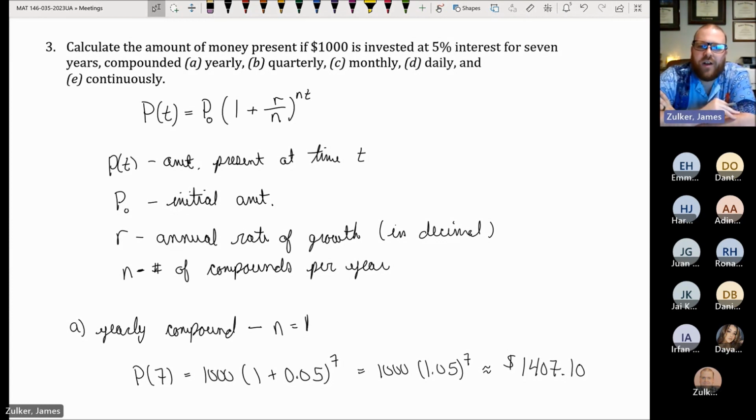Unless it is divisible by 400, then it is a leap year. So the year 3000 will not be a leap year. But the year 4000 will be. Okay.